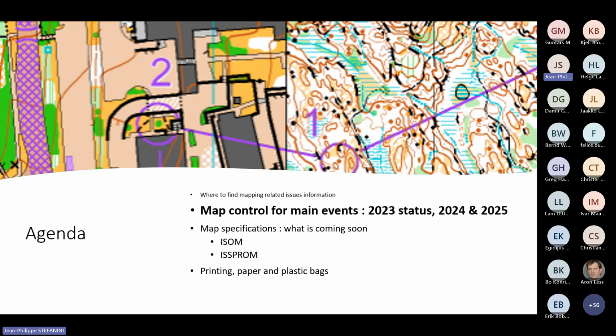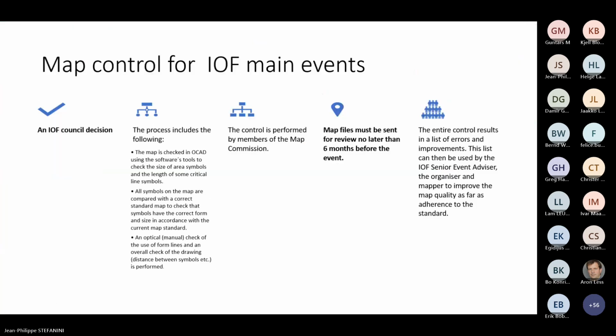So the second part is the map control for the main IOF events. Just to remind you that it was an IOF council decision to ask the organizers of main events to have their maps checked by the map commissions.